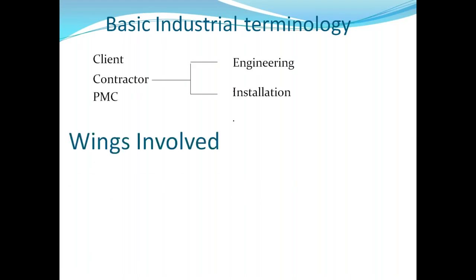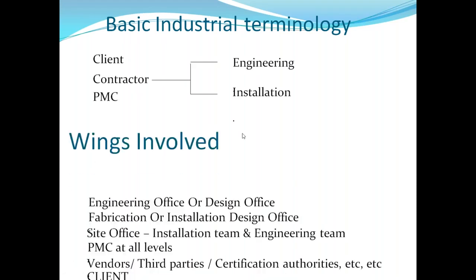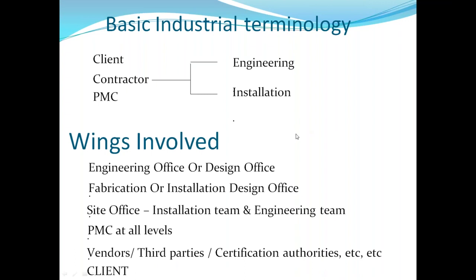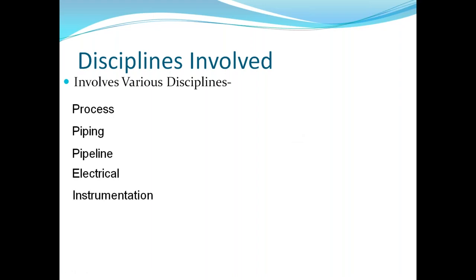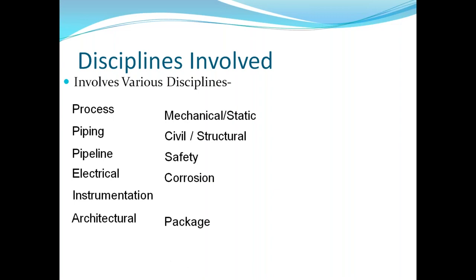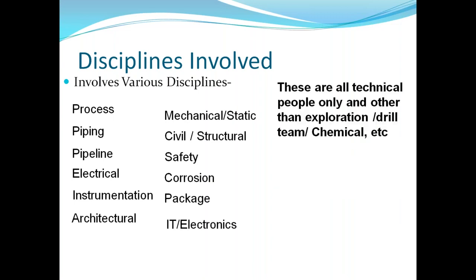Basic industrial terminologies, most of you might know what is client and what is contractor. The only thing I want you to know is that people of different disciplines work here, because people think oil and gas structures mean only civil engineers. No, it's not only civil engineers. There is process and piping.